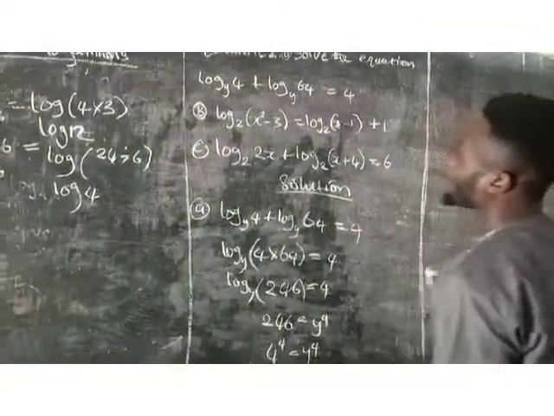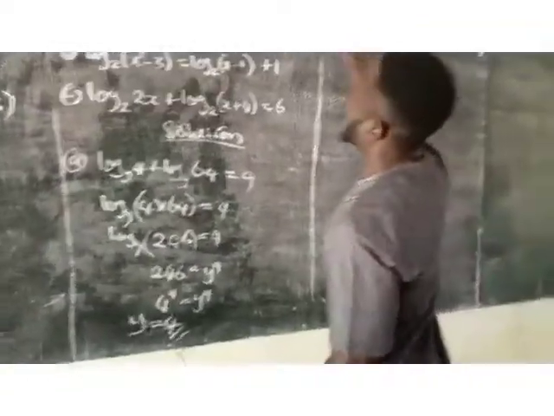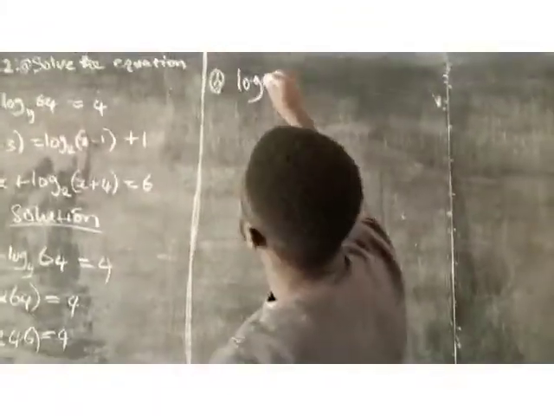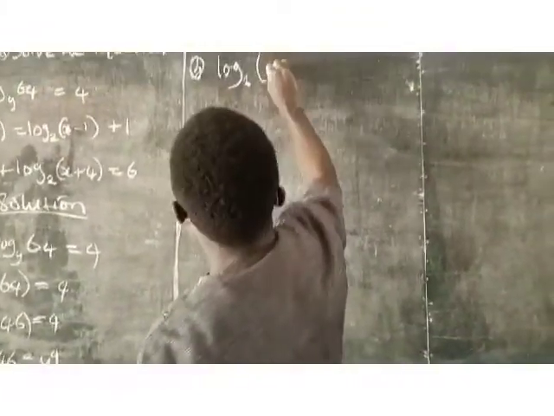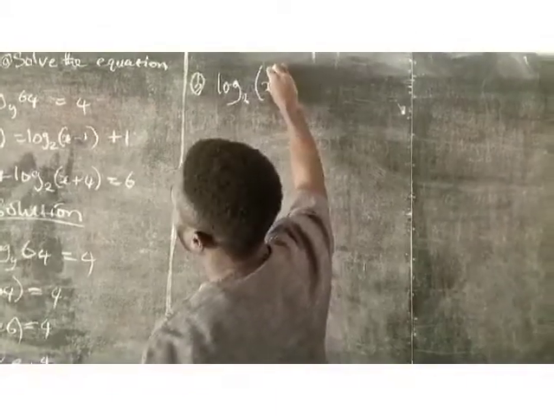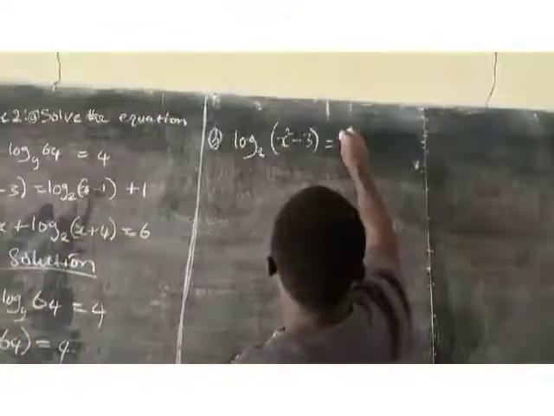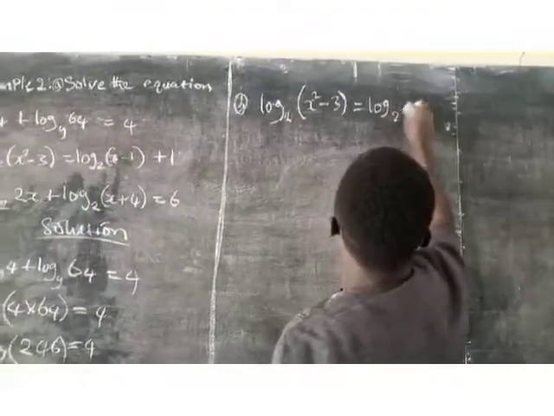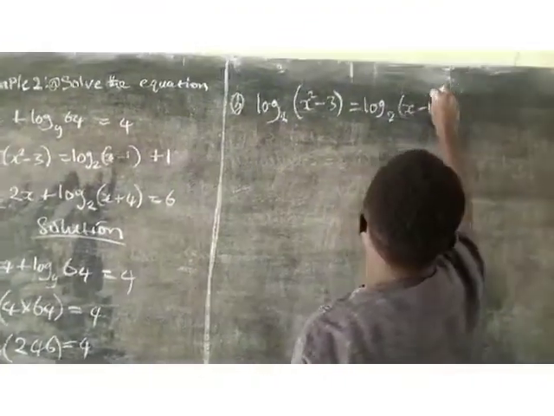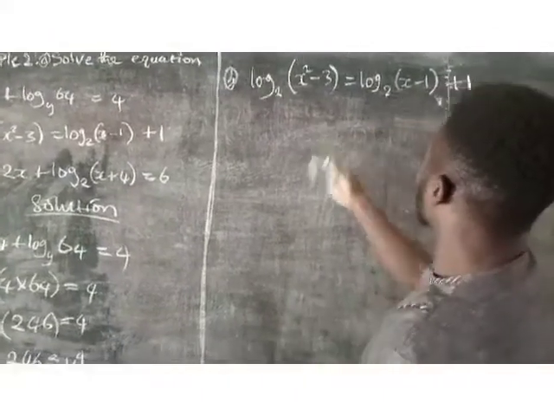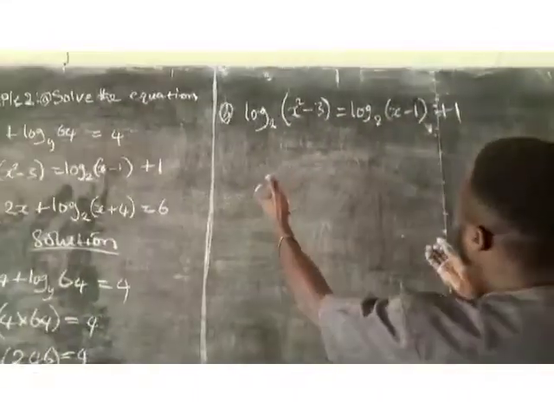And looking at the B part now. For the B part, we have log base 2 of x squared minus 3 is equal to log 2 of x minus 1 plus 1. So we collect like terms.